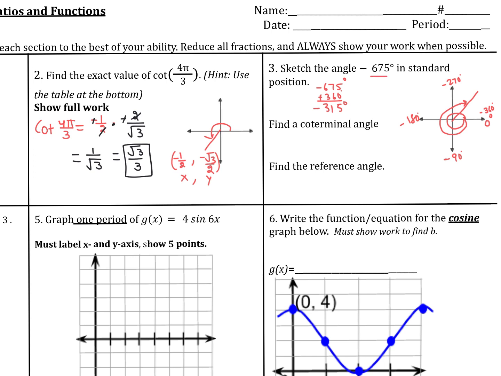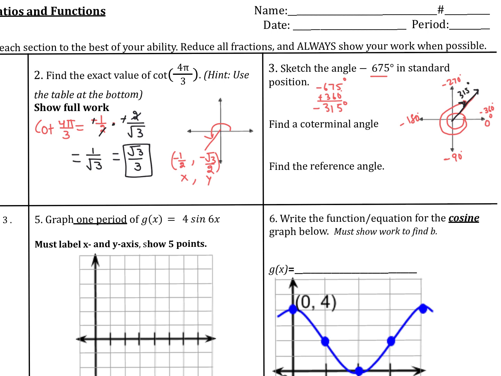negative 675 or negative 315. This is a coterminal angle of negative 315.